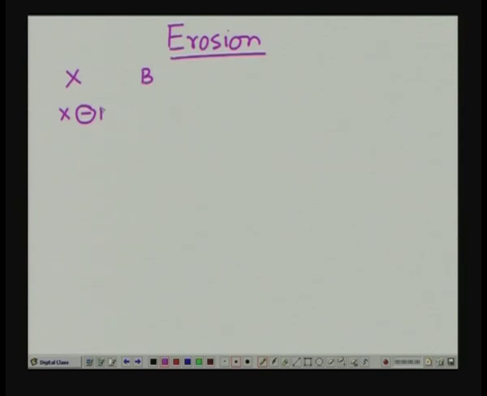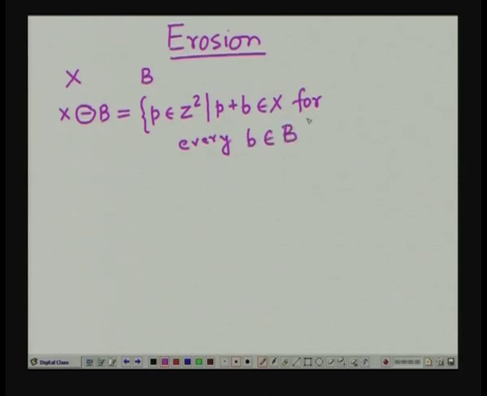So, X eroded with B can be defined as the set of points P belonging to the two dimensional space Z square, such that P plus b belongs to the set X for every b belonging to the structuring element capital B. So, this is the first definition of the erosion operation.